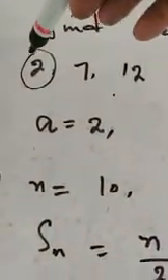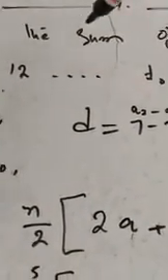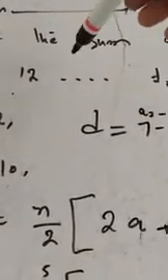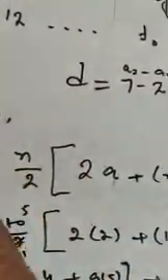By this method we can find the difference. So 7 minus 2, 12 minus 7, and then the next number 17 minus 12.